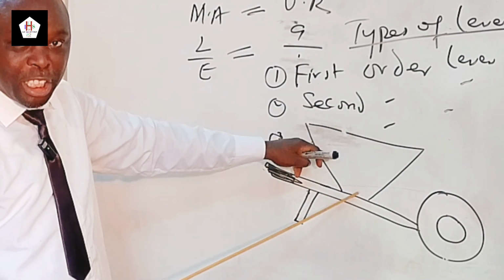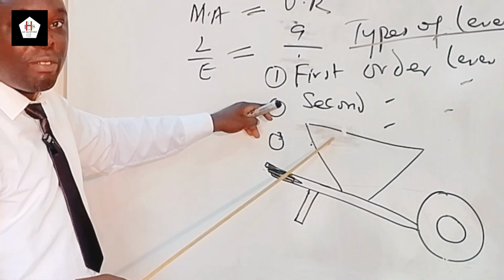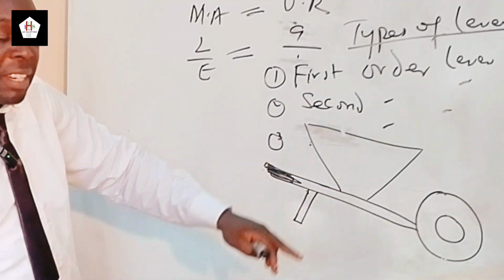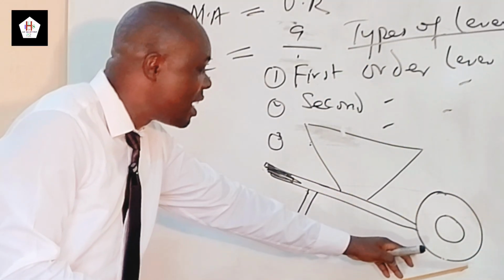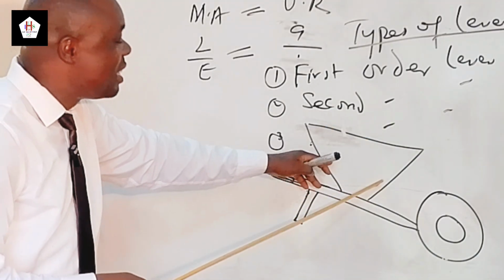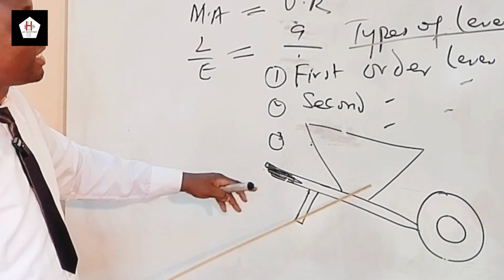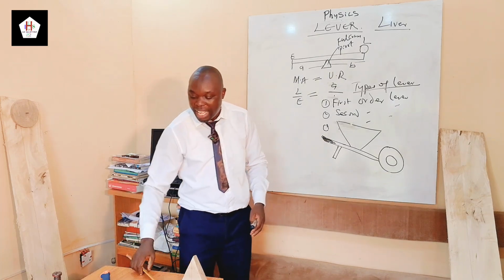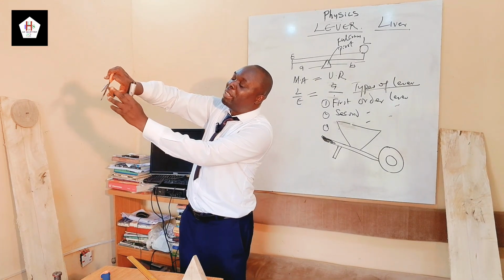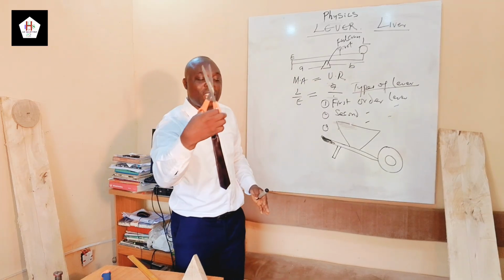So this is a machine. Now, this is the rotating part. The second order lever is where the load is between the fulcrum and the effort. Unlike this one here, the rotating part of this one is at the middle of the effort and the load, so we call this one first order lever.